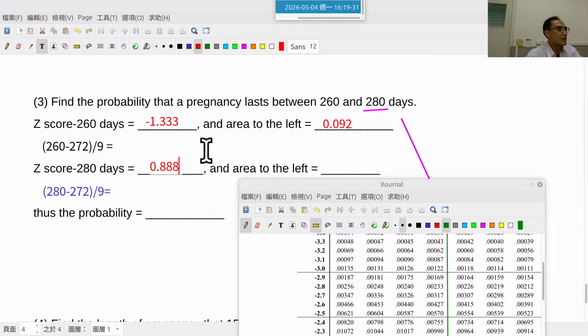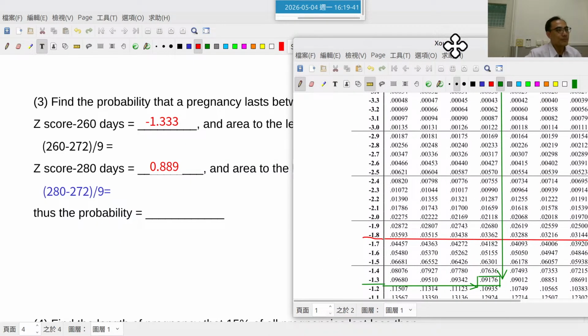And go back to 3 decimals, round up to 0.889. Okay, check the area.